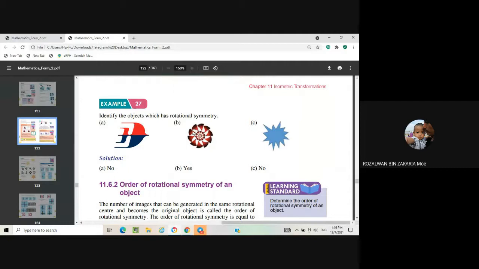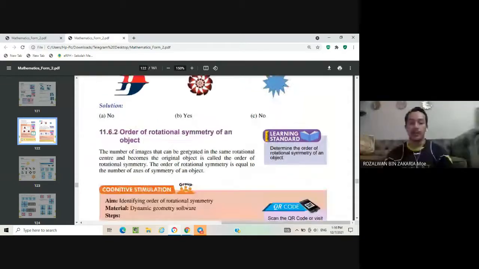That means if we do rotation on this object, the image after rotation will have the same position, same size, same shape as the object. So this is rotational symmetry, and the answer is yes. And for C, the answer is no.